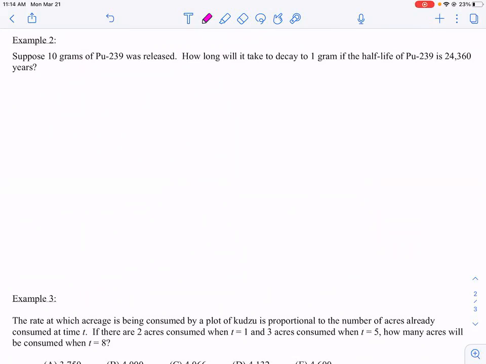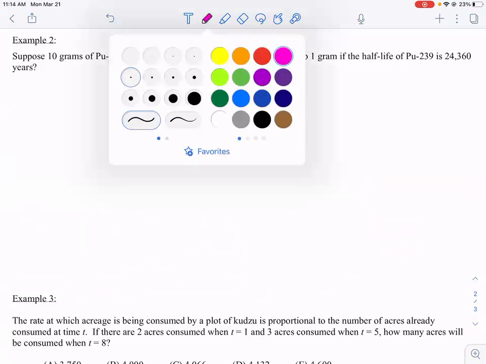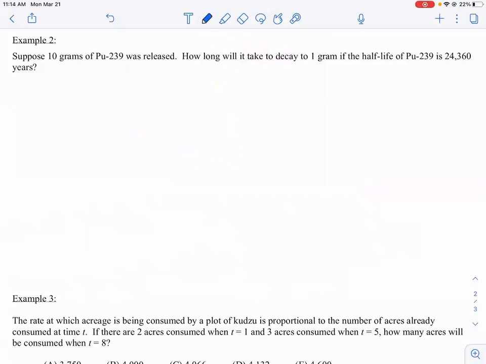I think it is. AP Chem people, is plutonium Pu? Yeah. Plutonium, nice job.